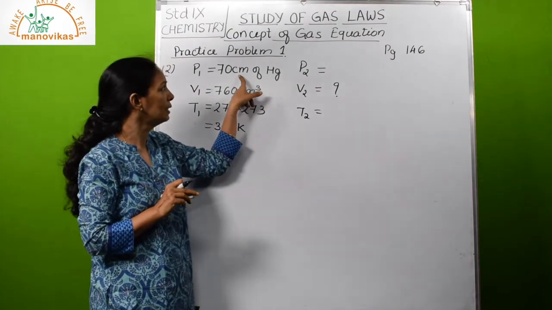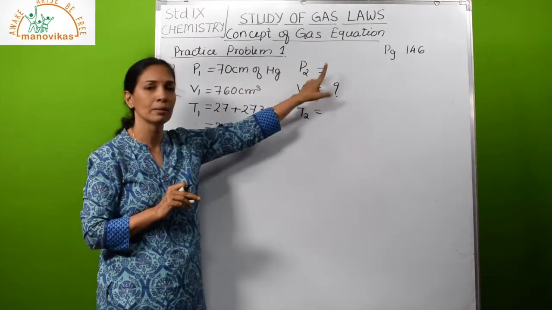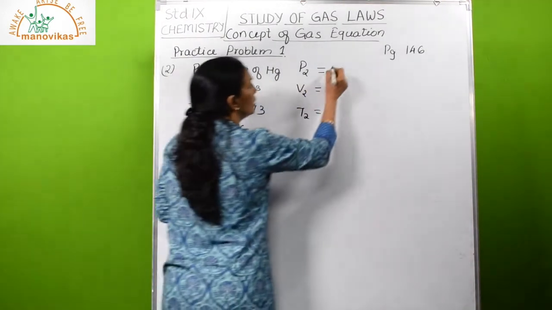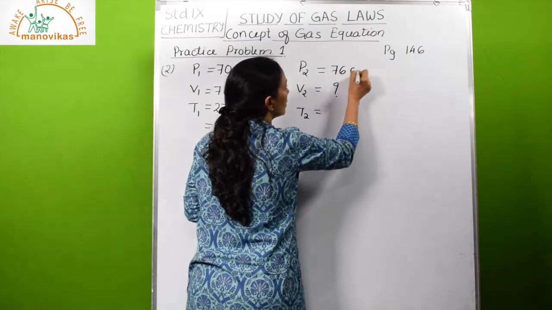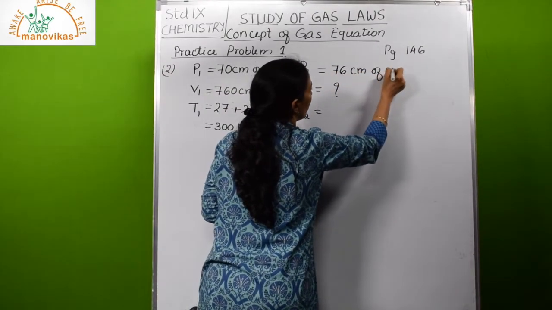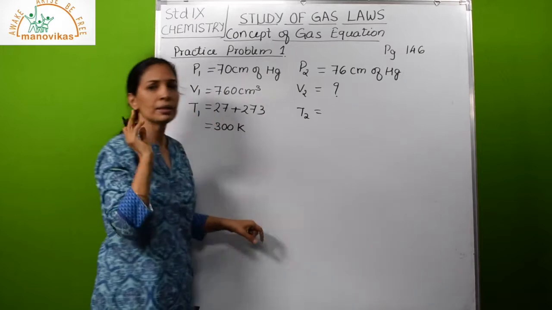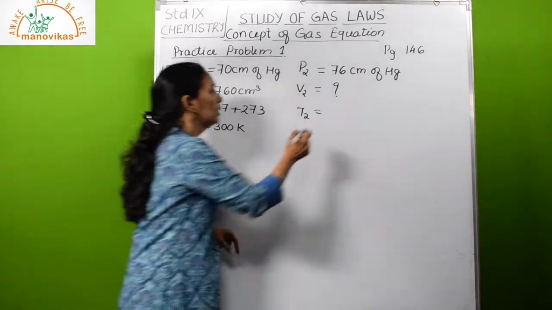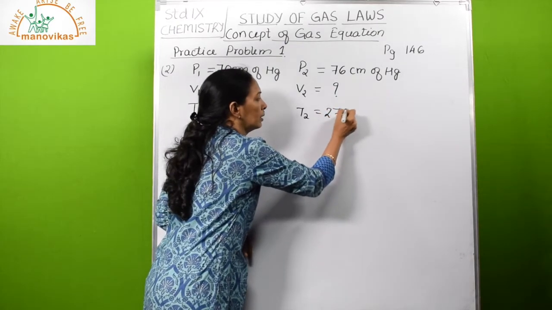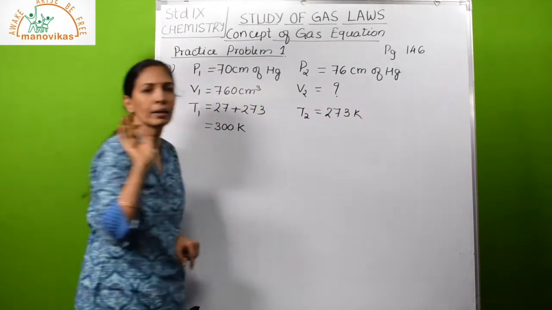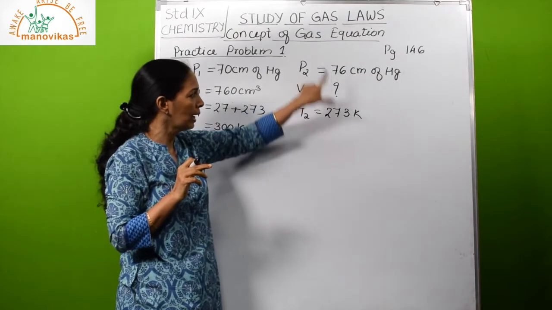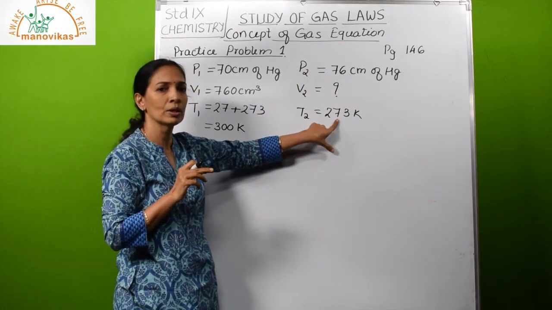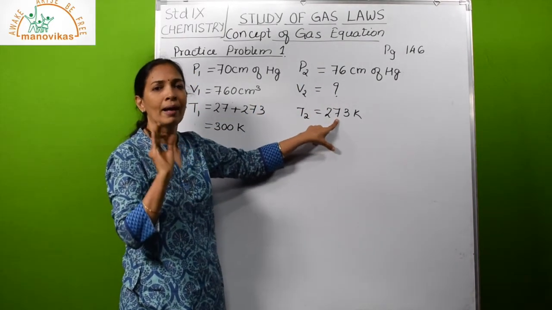It is given in centimeter of mercury, so write the centimeter value only, which is 76 centimeter of mercury. If you write 760, your answer will go wrong. Now V2 is the question. T2 is 273 K, which is standard temperature. So standard pressure and standard temperature are taken because you have to calculate volume at STP.